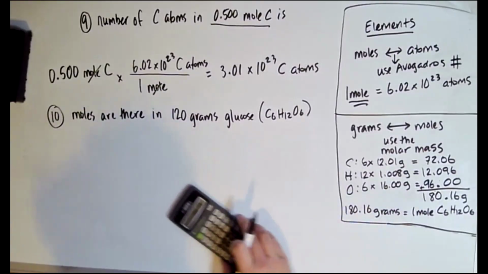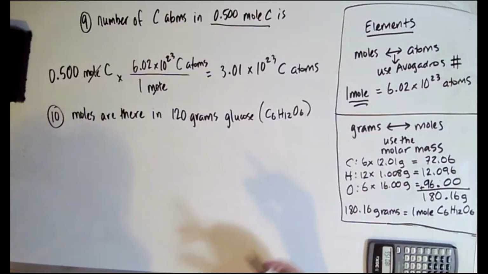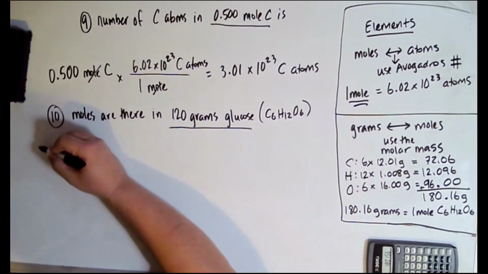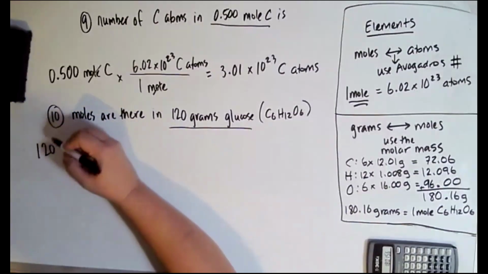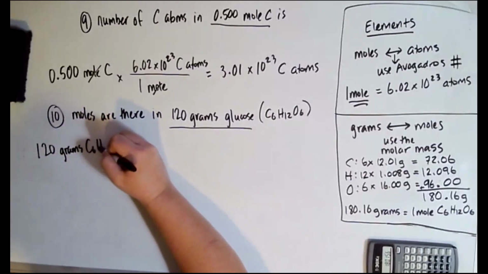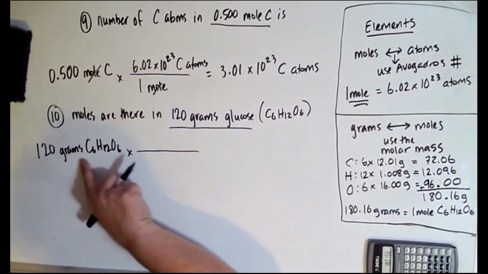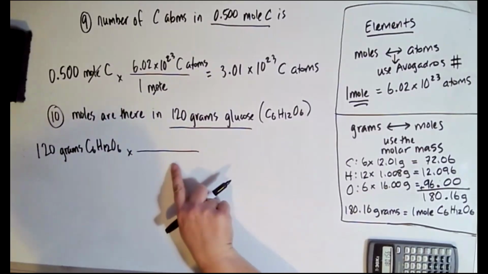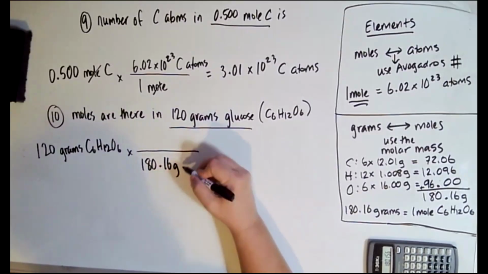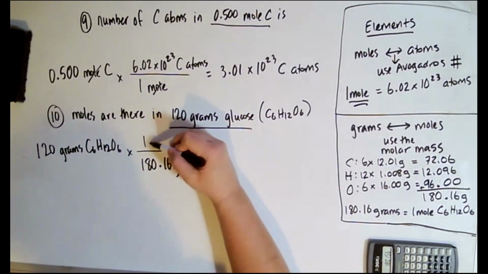That's important for us because we're trying to connect grams of glucose and moles of glucose. They've given us a value in terms of grams of glucose. And so when I set up my conversion factor, I'm going to want my grams of glucose on the bottom. So I'm going to put my 180.16 grams down there, and I'm going to put my 1 mole of glucose up top.